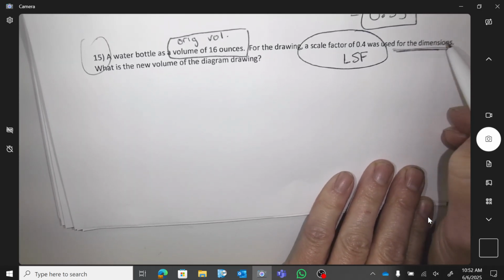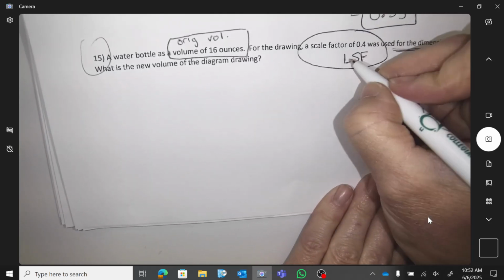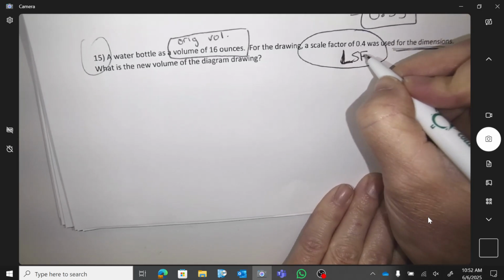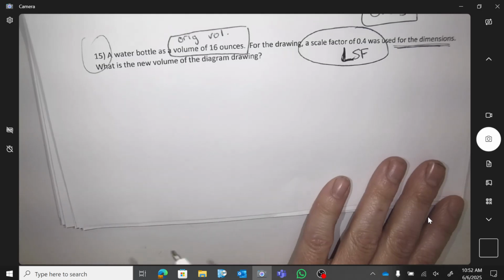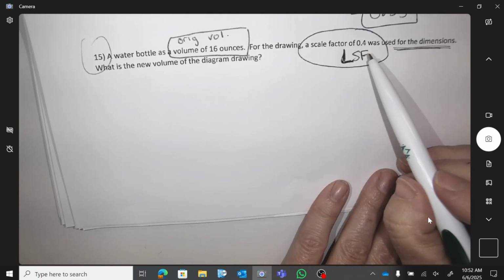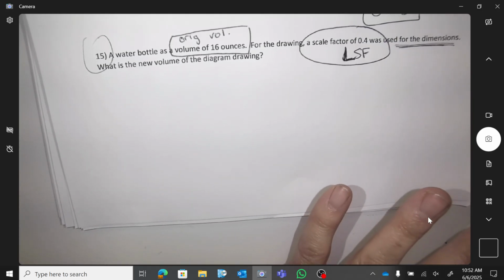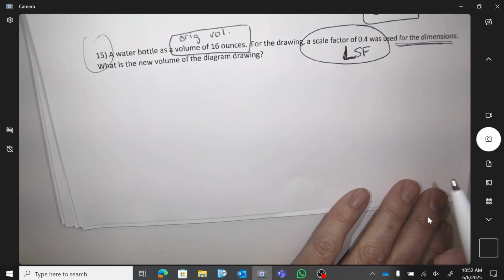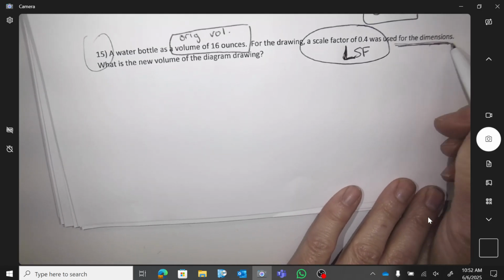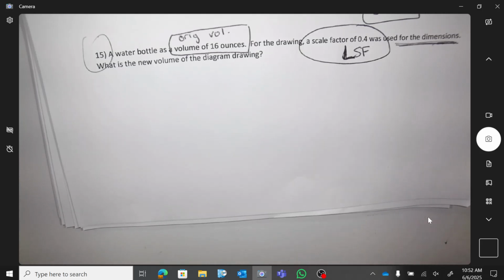It was changing the dimensions, so we're going to label this as a linear scale factor. Dimensions just mean lengths and widths and heights.